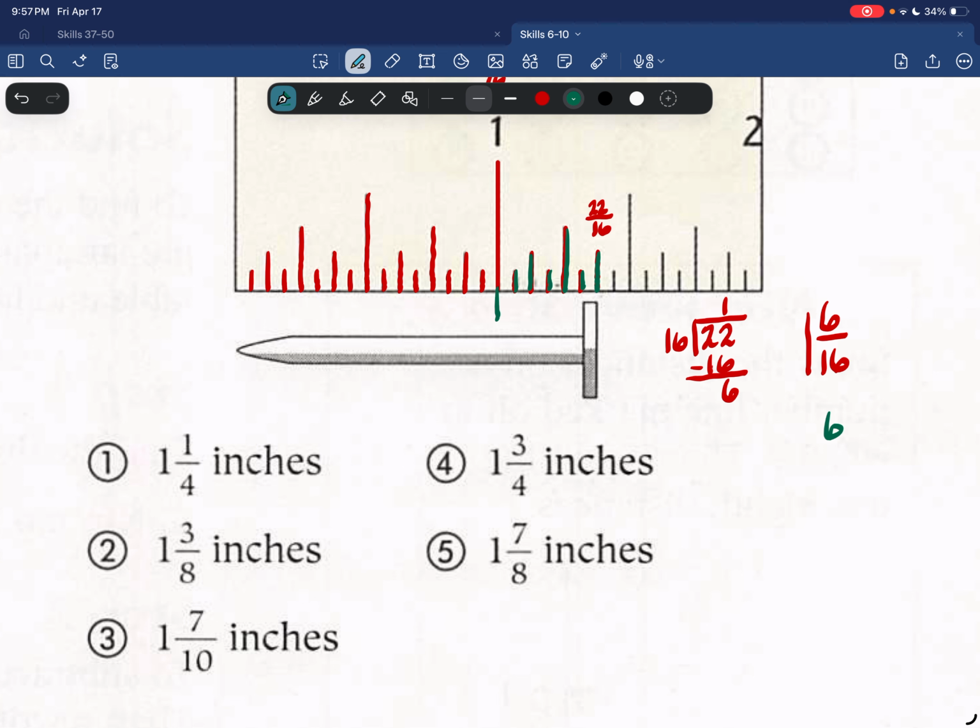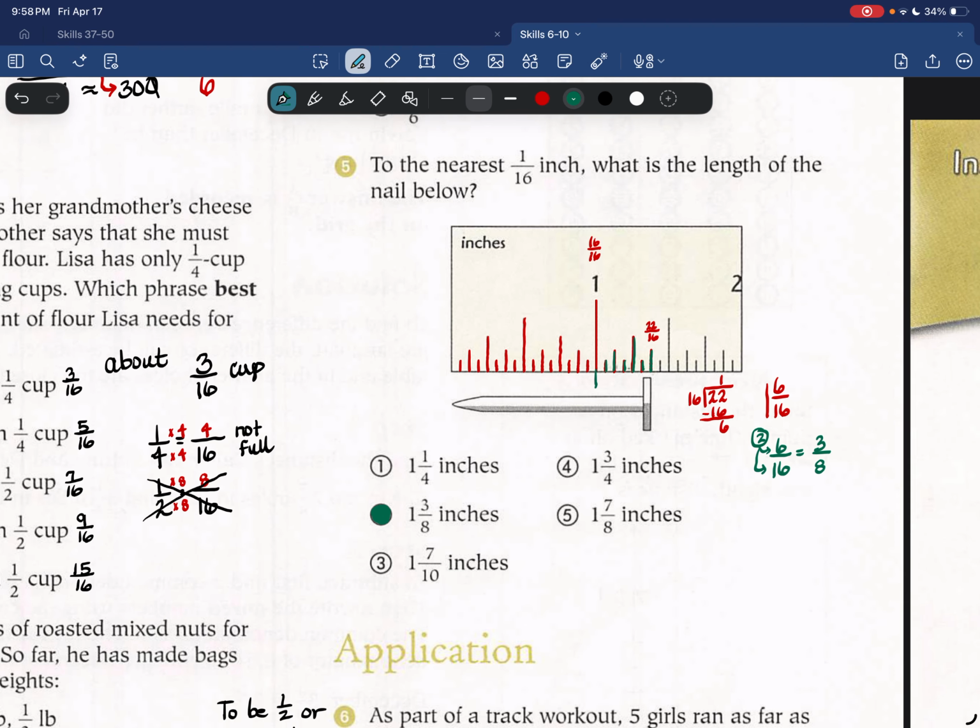If you reduce 6/16 by 2, you will get 3 8ths. So 1 3/8 is one of my choices. And I like that one for number 2. 1 3/8 inches.